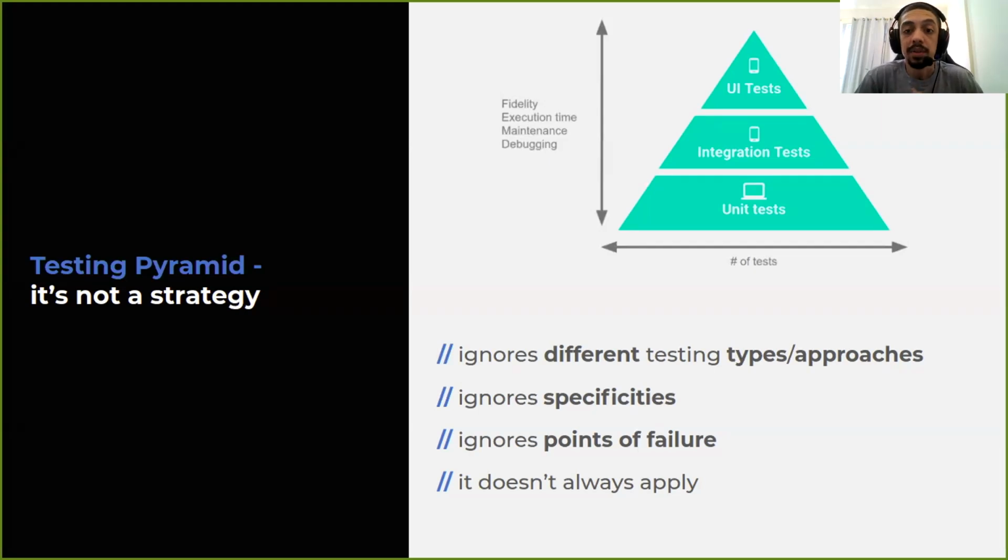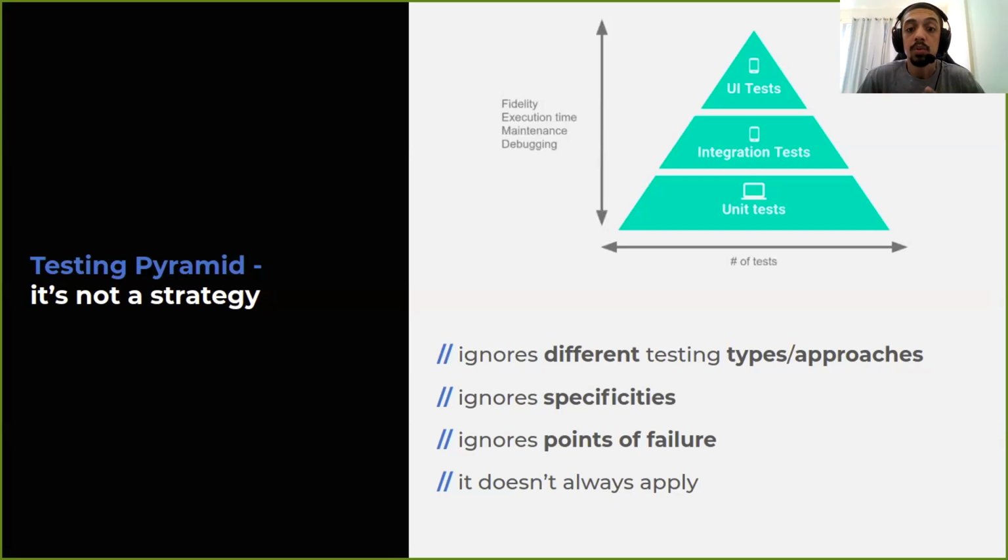It usually doesn't cover different types of testing, like the smoke testing approach I talked about a few moments ago. It also doesn't cover specifics about how your application is structured or possible points of failure that you can try to avoid with testing, though sometimes testing won't be enough to avoid them. So it doesn't have this information.